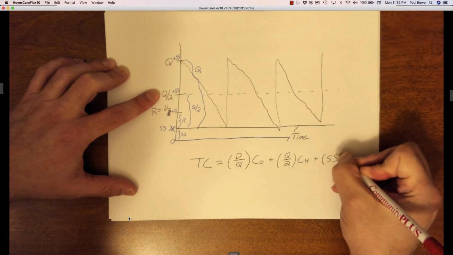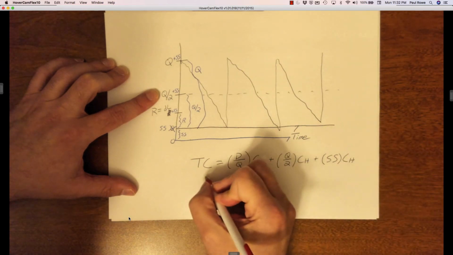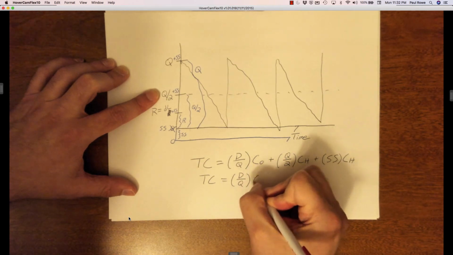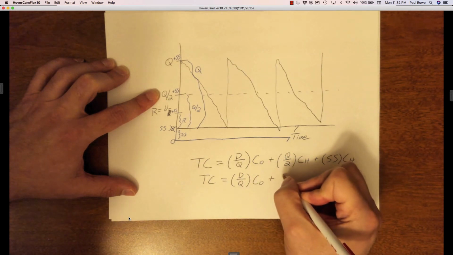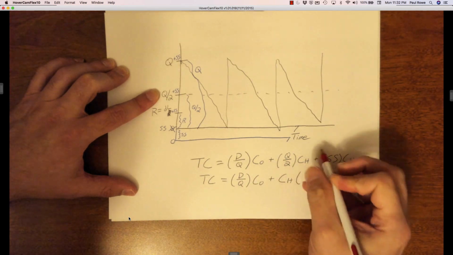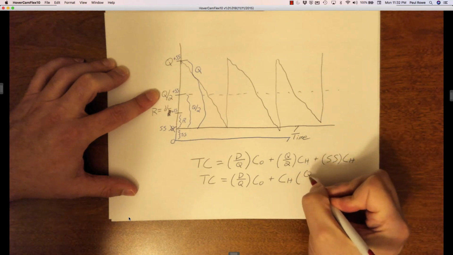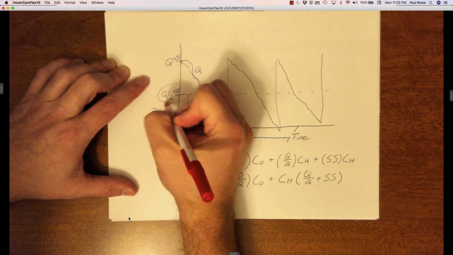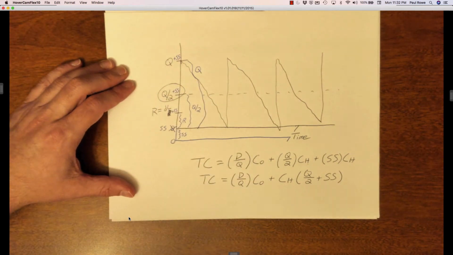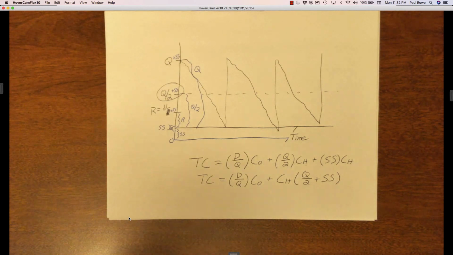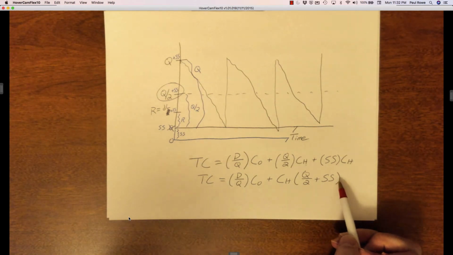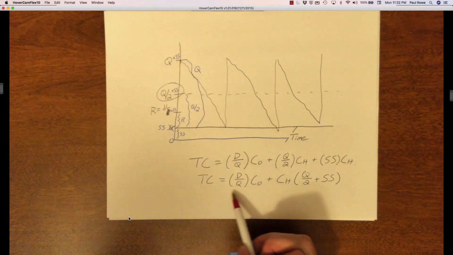So I have my safety stock times my cost of holding, or I can simplify the terms, D over Q times our ordering cost, plus my holding cost here and here, Q divided by 2 plus safety stock, which is what we have here. Okay, so we can adjust our total cost formula. So therefore, as we increase our safety stock, when we go from 95% to 99%, what happens to our total costs?